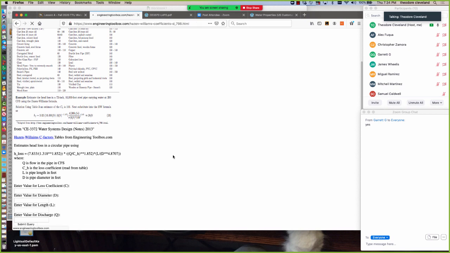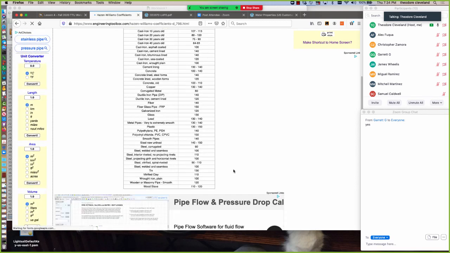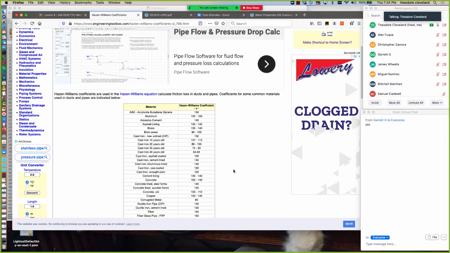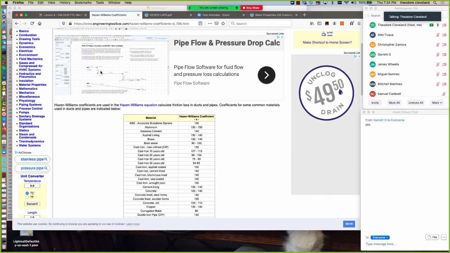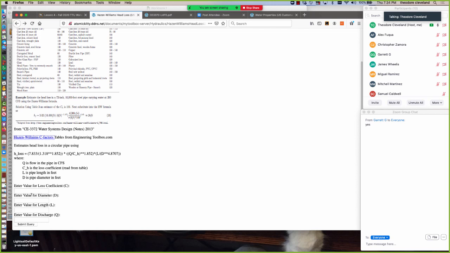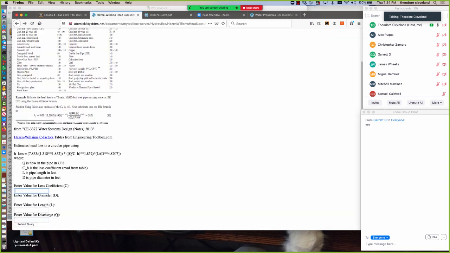If we want to go look at head loss C factors, here's a table from one potential internet source. And there's other ones there. And it describes a little bit how you could use the Hazen-Williams formula. So let's repeat the example there. Let's see, head loss coefficient of 100. Easy. Diameter was 72 inches, so that's 6 feet.